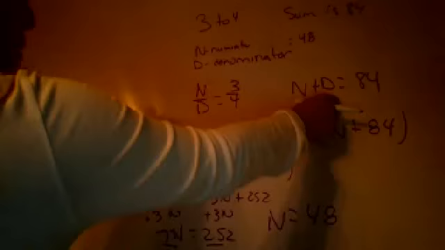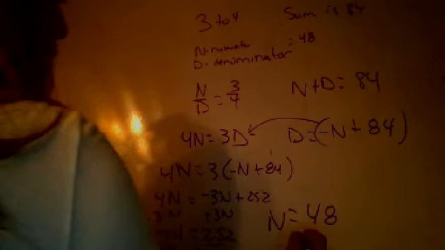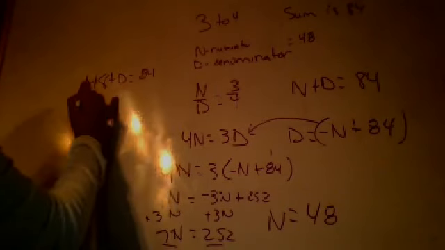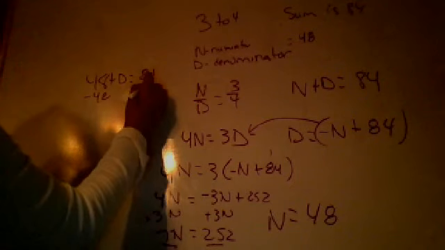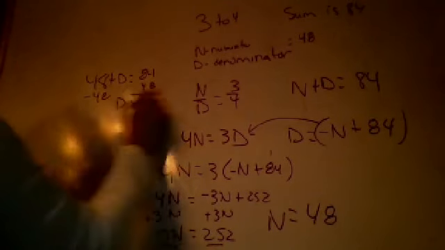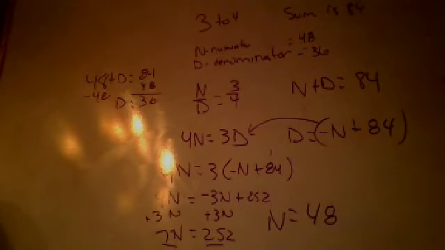So my numerator is 48. Can I find my denominator? Sure. I can simply put it back in either one of the equations, right? So we have a system of linear equations. So I'm going to put it in this one because it's easier. So 48 plus d equals 84. I'm going to simply subtract 48 from both sides. So d is 36. So those are my two numbers.